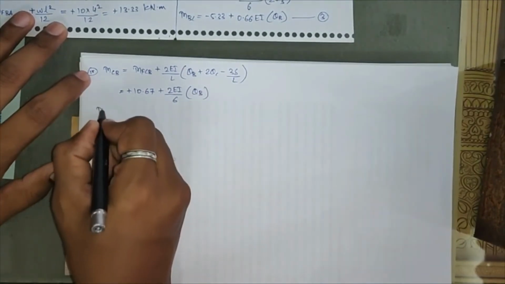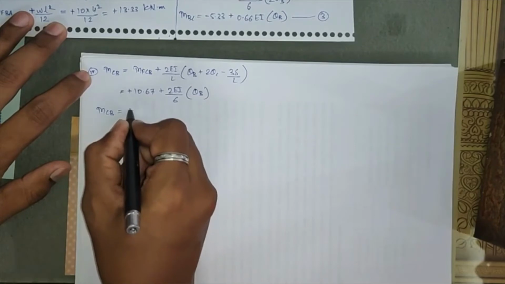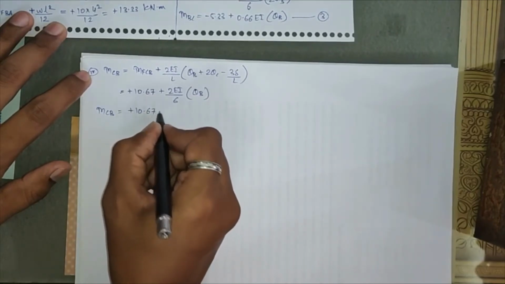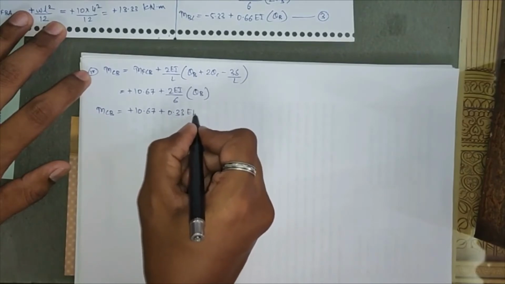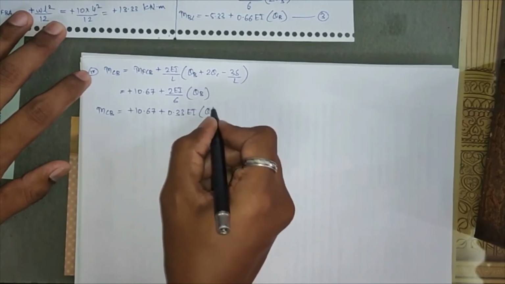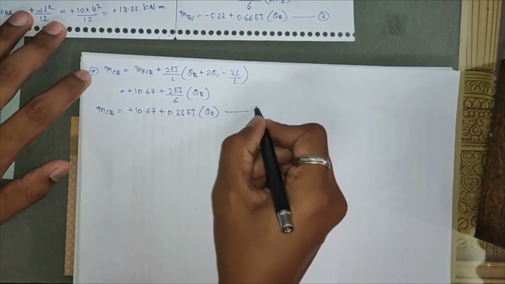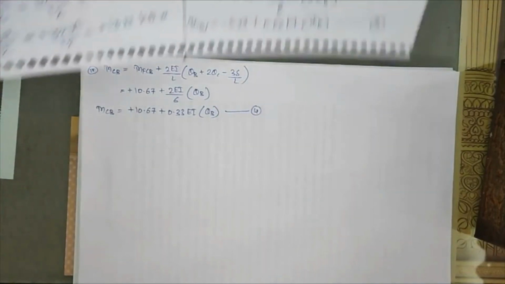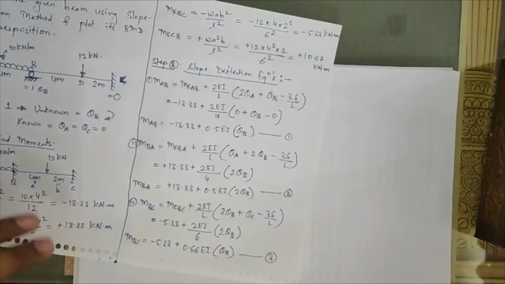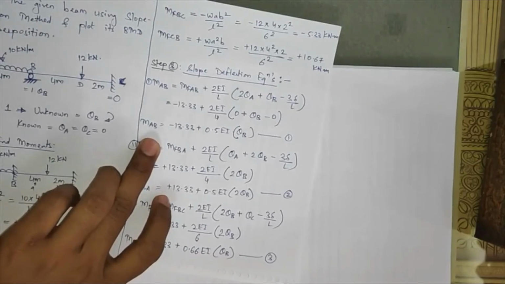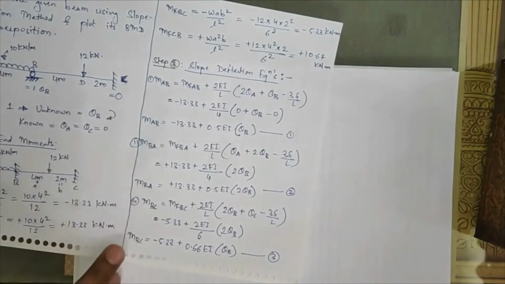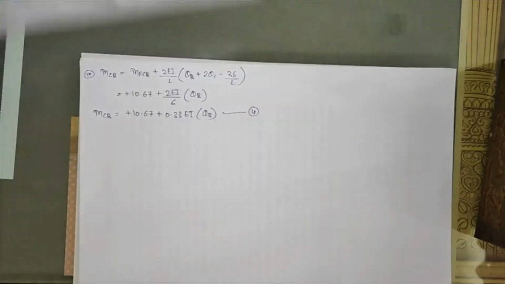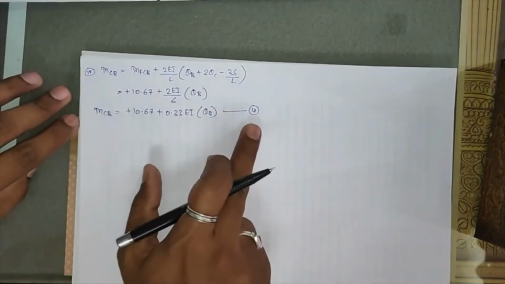So what equation will we get? MCB is equal to plus 10.67 plus 2 by 6, that I'll get as 0.33 EI into bracket theta B. This will be my equation number 4. So these are the equations that I have got as my slope deflection equations: for MAB equation number 1, MBA equation number 2, MBC equation number 3, and next is your MCB, that is equation number 4.